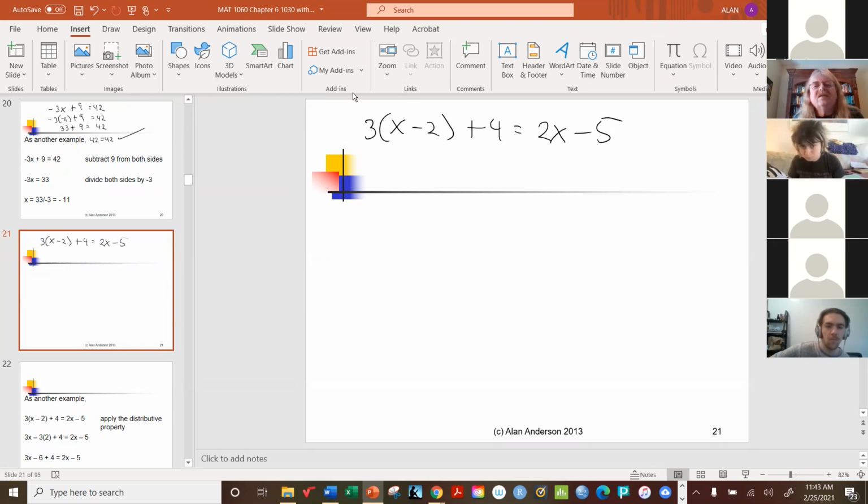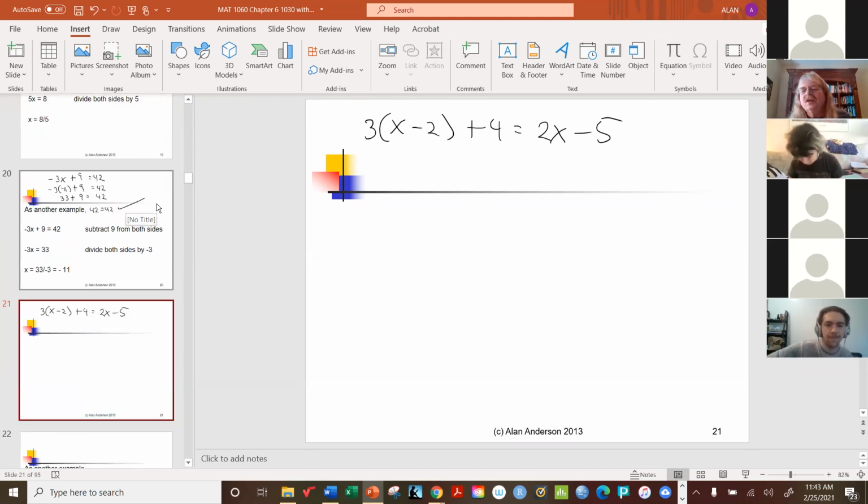Oh no, look what a mess this one is. All right, so just for a fun little challenge, why don't you work on this for a couple of minutes and let me know what you come up with for x. It'll be more fun than if I just tell you the answer.